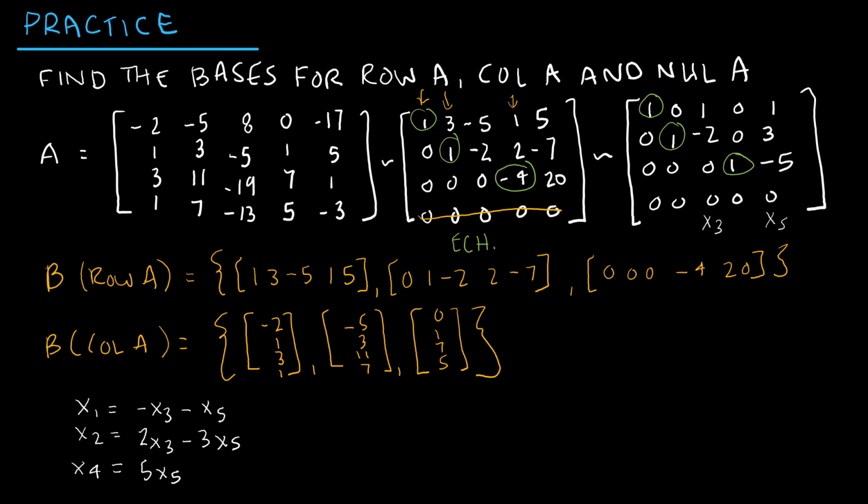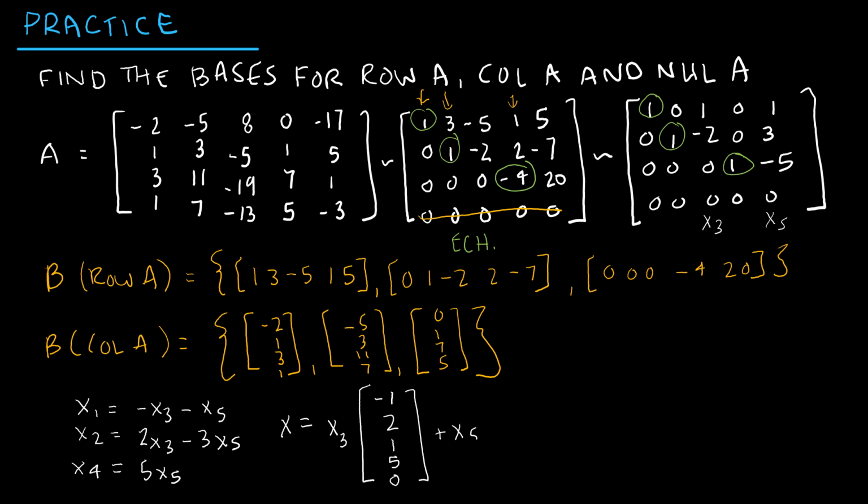Now, if you'll recall, I'm thinking about my solution in terms of x3, and then I'm going to have negative 1x3, 2x3, 1, because x3 itself is the free variable, x4 is 5, and then of course 0 x5s.